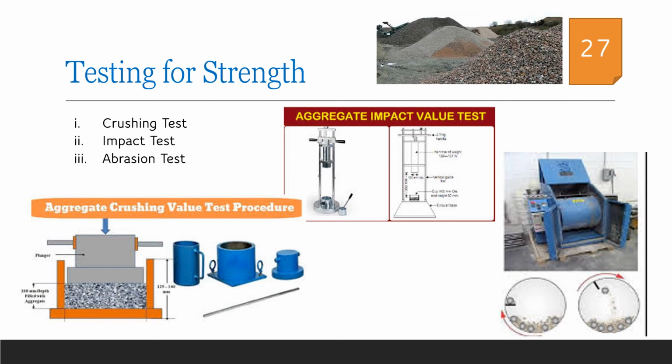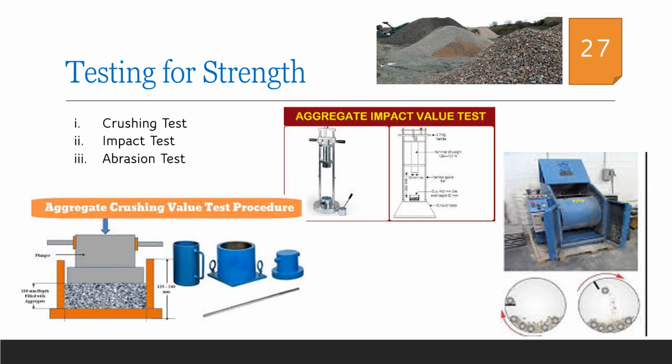Then we have the abrasion test. There are many different types of abrasion test. Among them, the Los Angeles abrasion test is more frequently used. Here we have a drum as well as a set of balls. These balls are of diameter around 5 cm and weight around 300 to 400 grams. The number of balls used depends on the type of aggregate.